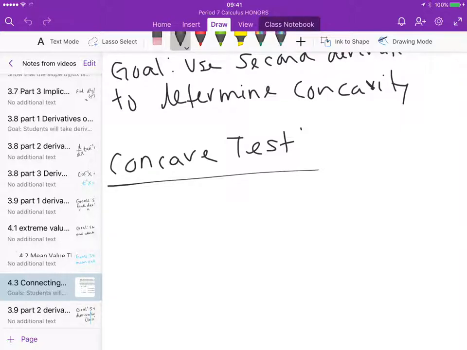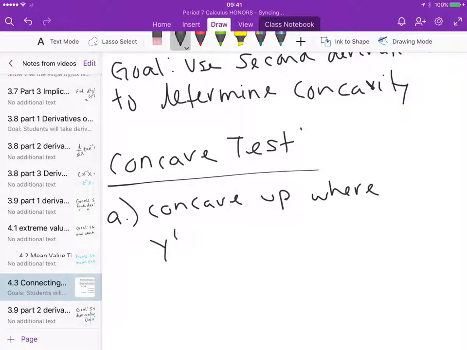If the function is twice differentiable, so let's assume that we can take the second derivative of it, we consider it to be concave up where the second derivative is positive, okay?